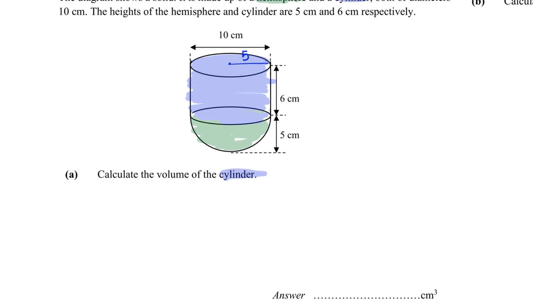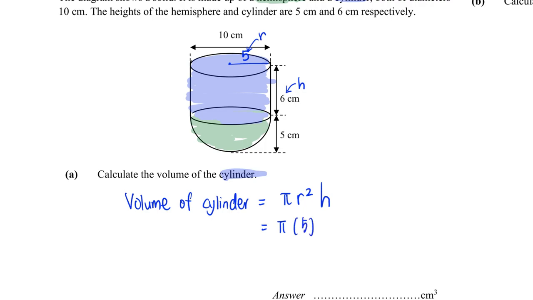And therefore, volume of a cylinder is equal to pi r square h. This is my height h, and this is my radius r. So it is simply pi 5 square h.